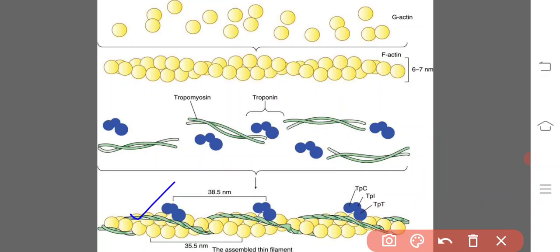When calcium ions bind to troponin, it undergoes a change in shape. This change moves tropomyosin away from the myosin binding sites on the actin, and cross bridges are formed. Then the heavy meromyosin of the myosin binds to the binding sites on the actin.